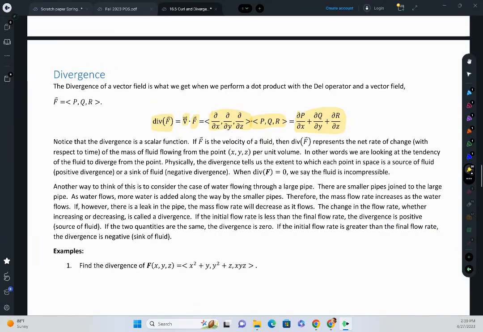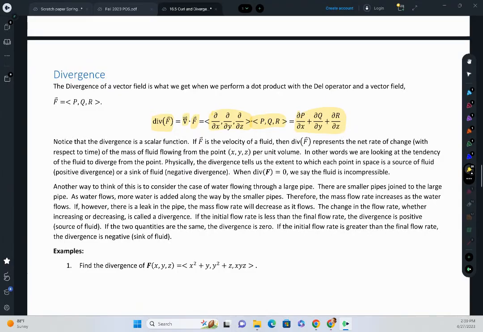If the initial flow rate is greater in the beginning and then it goes through a point and now the flow rate is less, that means that we lost some fluid, there was a sink of fluid, and so then the divergence is negative. So my hope is that, when you're calculating divergence, maybe you'll picture these water pipes and what's happening and what these numbers actually mean.